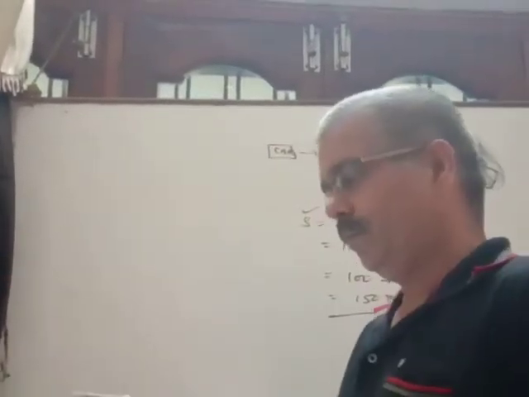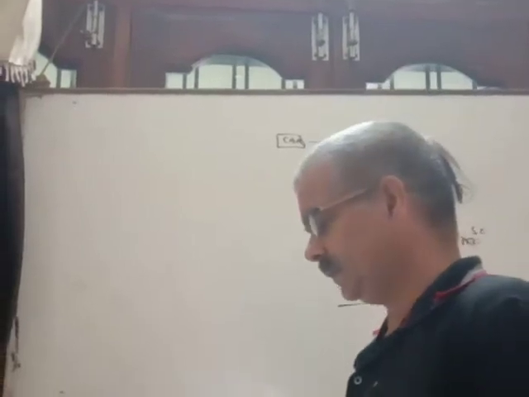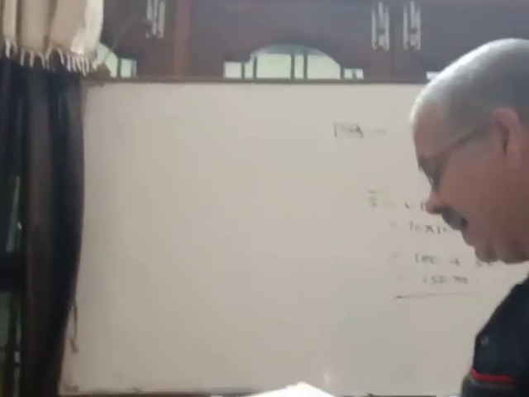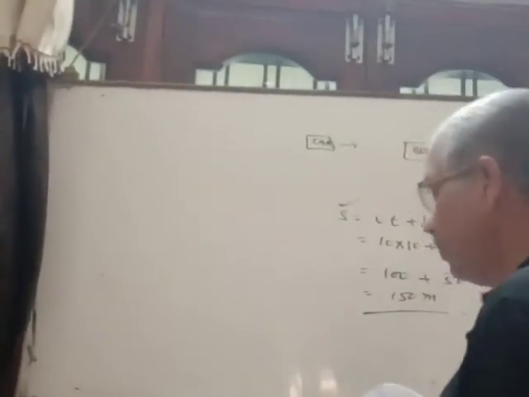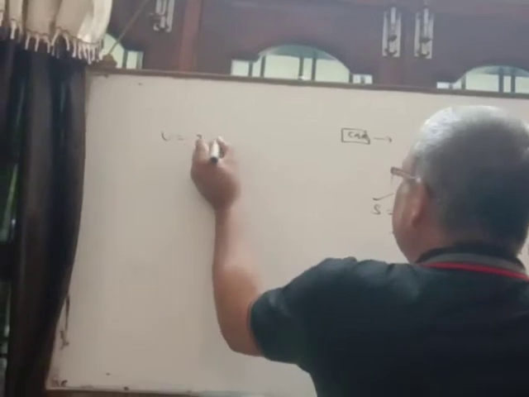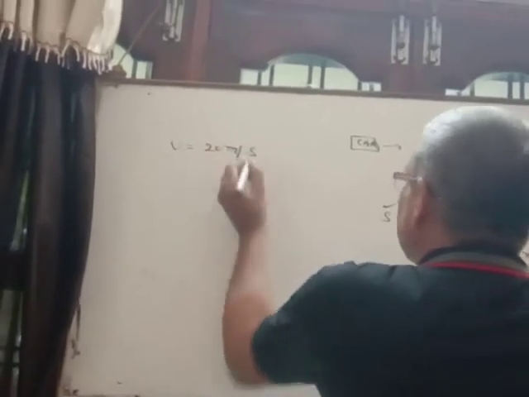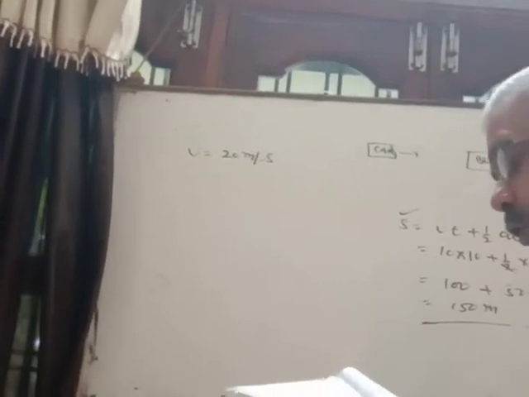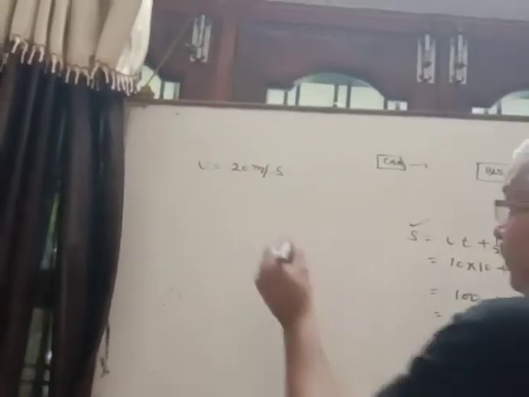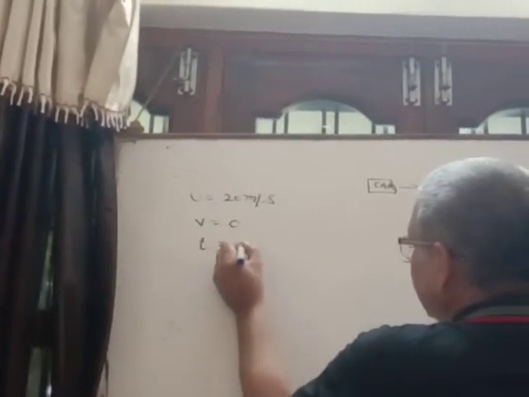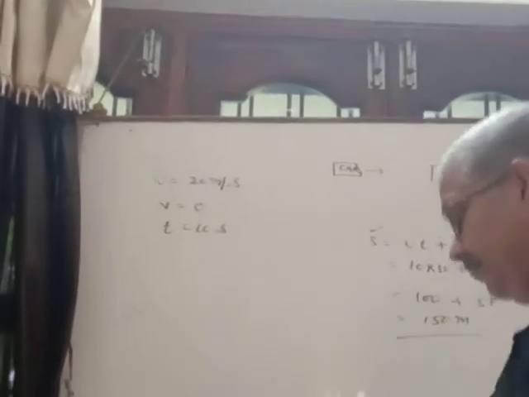Next question. A cyclist riding motorcycle A is traveling at the speed of 20 meter per second. It is the initial speed, 20 meter per second. Apply the brakes and stop the motorcycle in 10 seconds. Stop means final velocity becomes 0 and time taken 10 seconds.